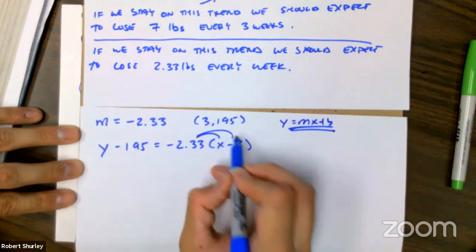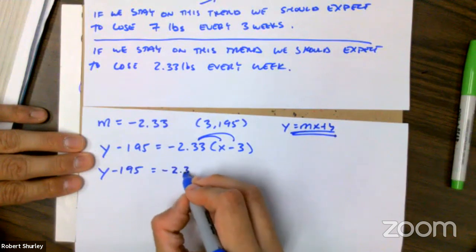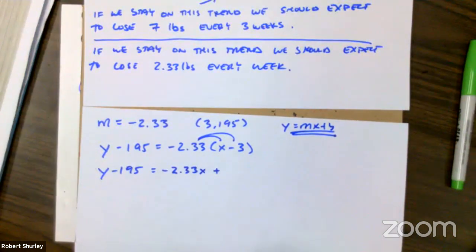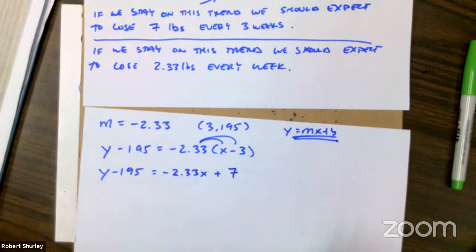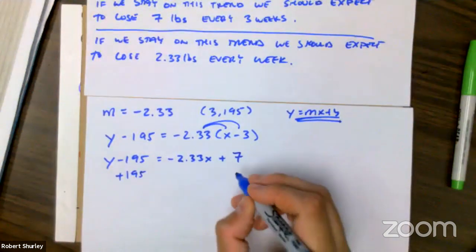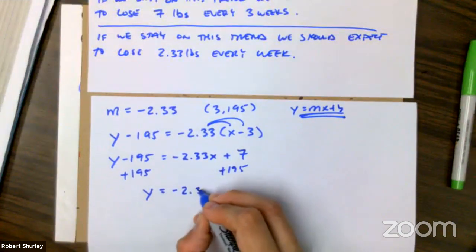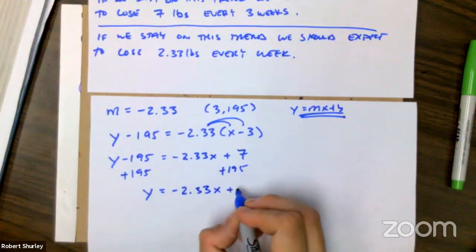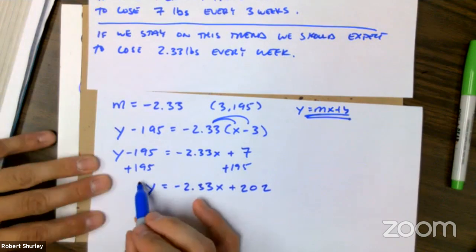So we're going to distribute, and we get y minus 195 equals -2.33x plus 3 times 2.33, which I'm going to just use my handy dandy calculator. It's 6.99. Actually, that rounds to 7. Okay. And then I'm going to add the 195. And I get y equals -2.33x plus 202.